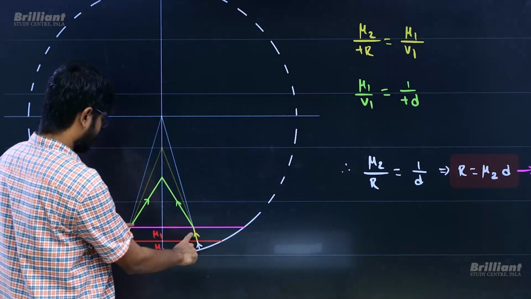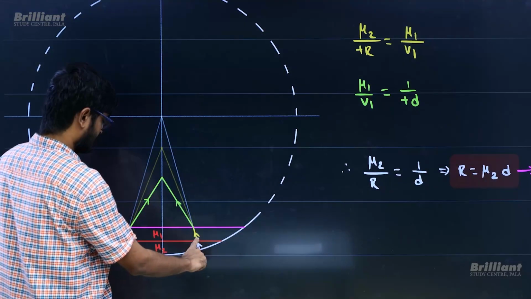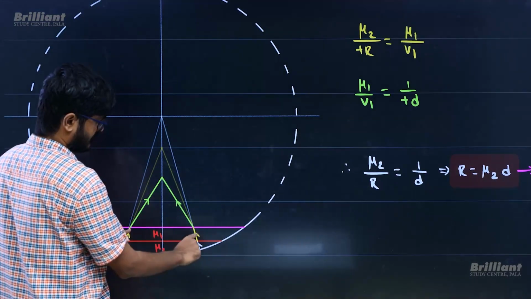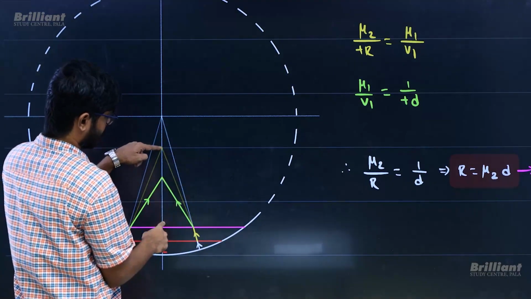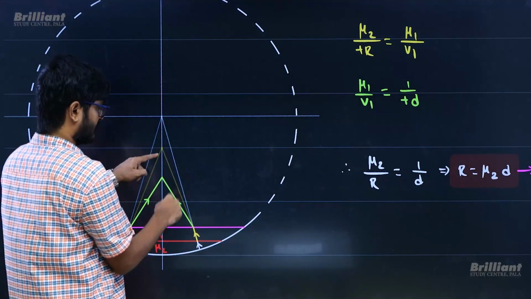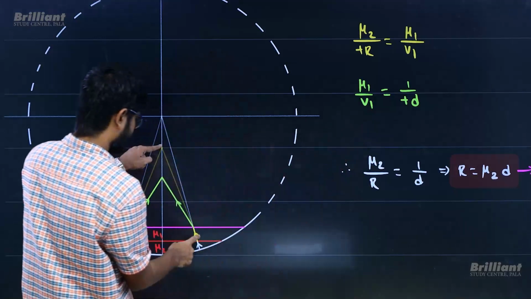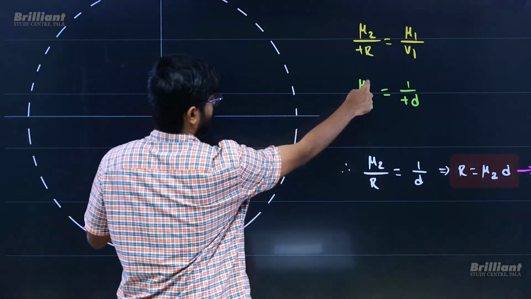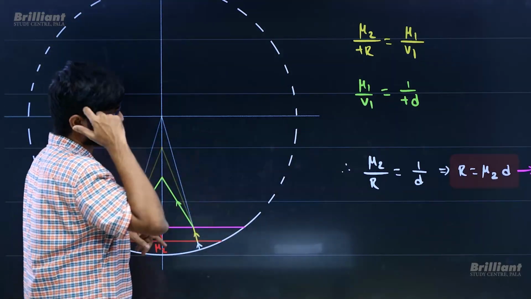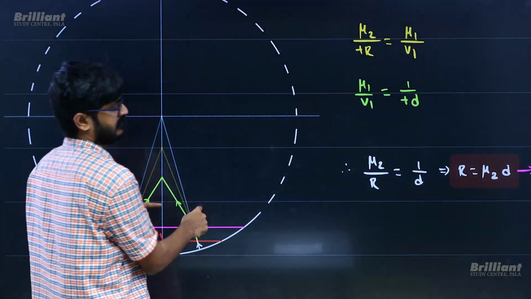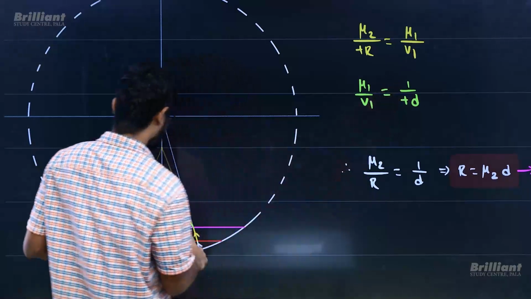Now these rays will undergo refraction here, so these are the incident rays for this refraction. The incident rays are supposed to meet here, at a distance v1, so in this positive direction the object distance is v1. In this case the incident rays are in the medium mu1, so mu1 by object distance v1 equals mu2 by image distance d.